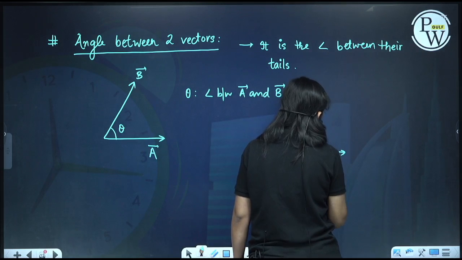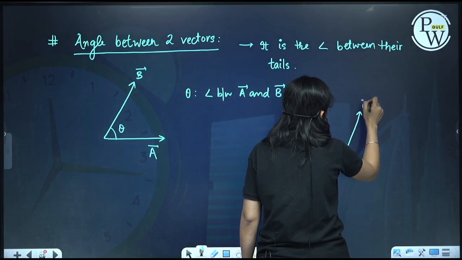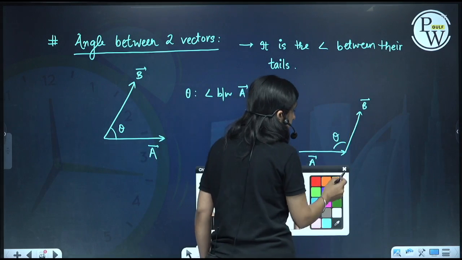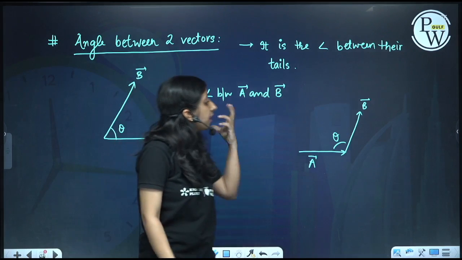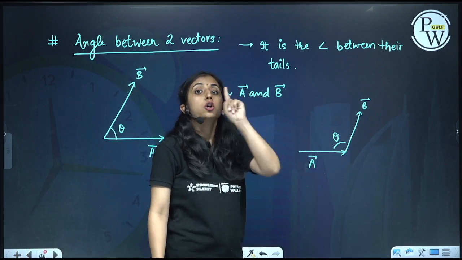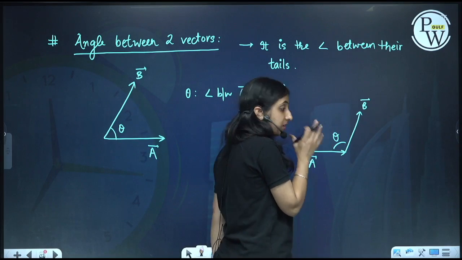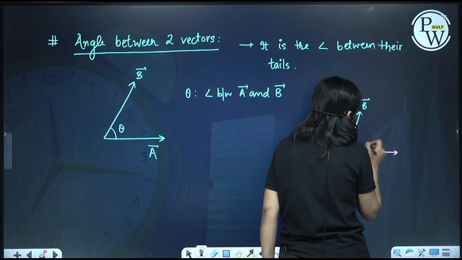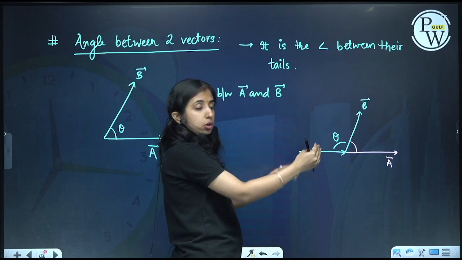Suppose we have A vector like this and B vector like this, and this angle is given as theta. Now the angle we are given is between the head of A and the tail of B, so this is not the angle between A and B. What we will do is displace A parallel to itself like this.